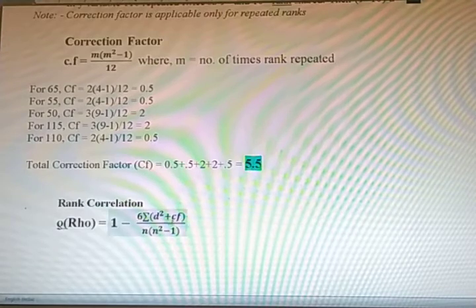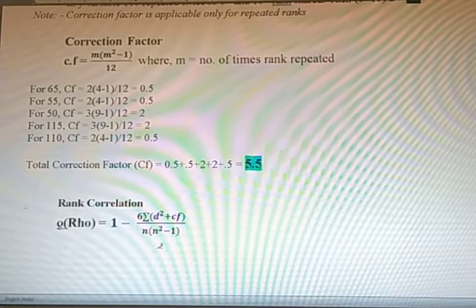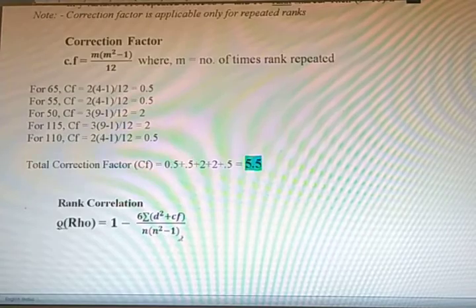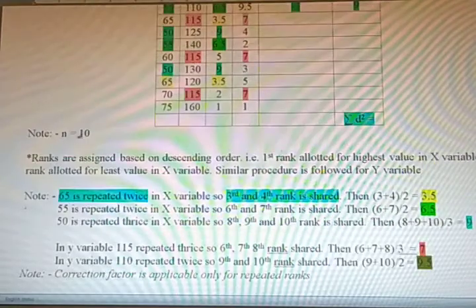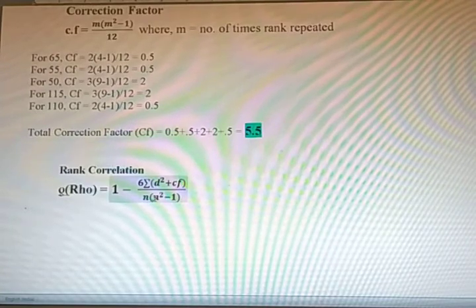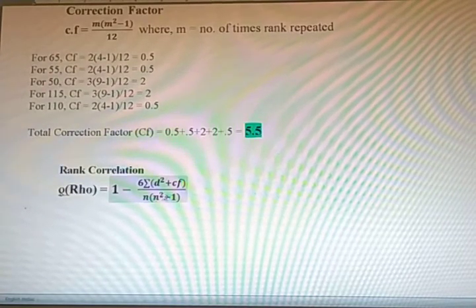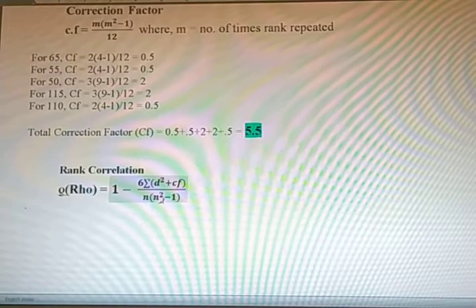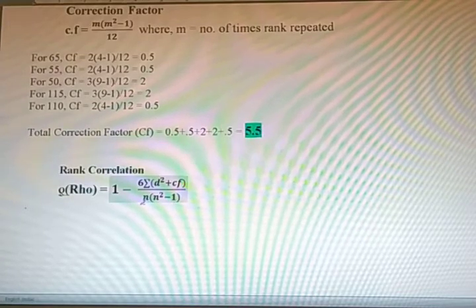Understood? After adding these two values, multiply with 6 divided by n into n square minus 1. In this problem, n equals 10: 10 into 10 square minus 1. 10 square is 100, minus 1 is 99, into 10.